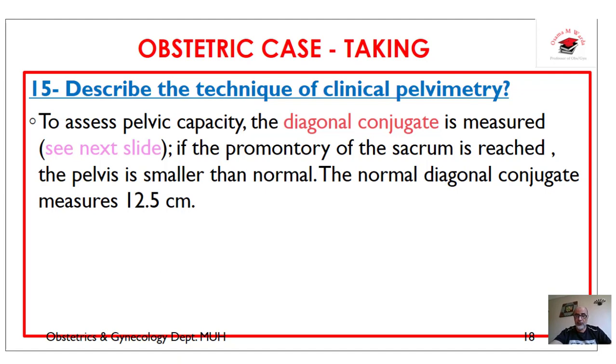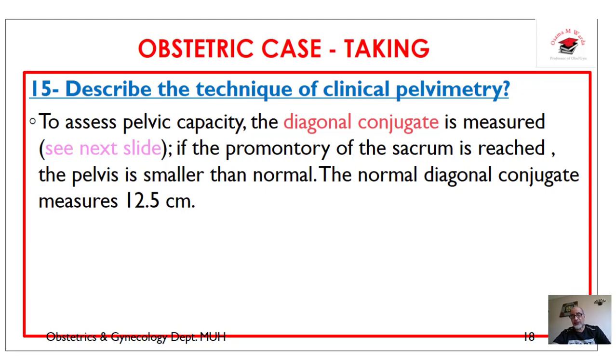The normal diagonal conjugate is 12.5 centimeters. It is a rough measurement. We get an idea about the actual anatomical anteroposterior diameter by subtracting 1.5 centimeters from the measured diagonal conjugate.